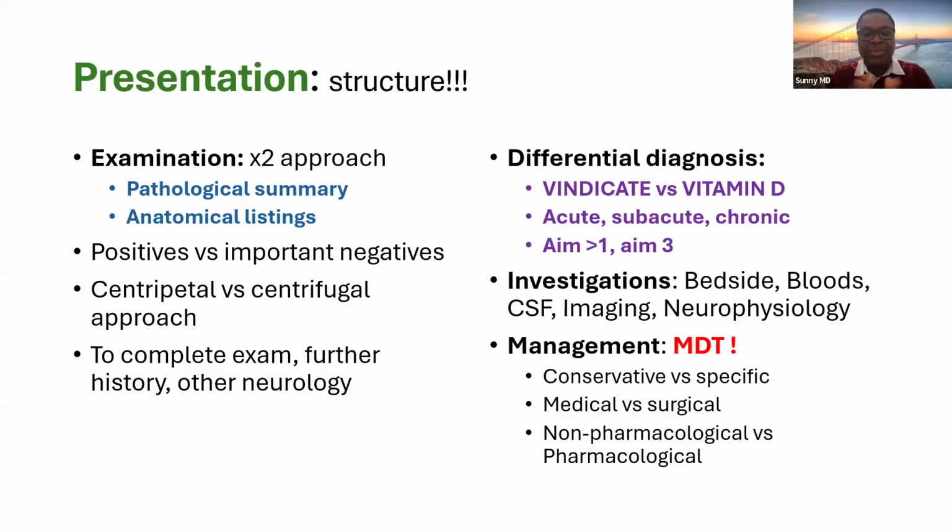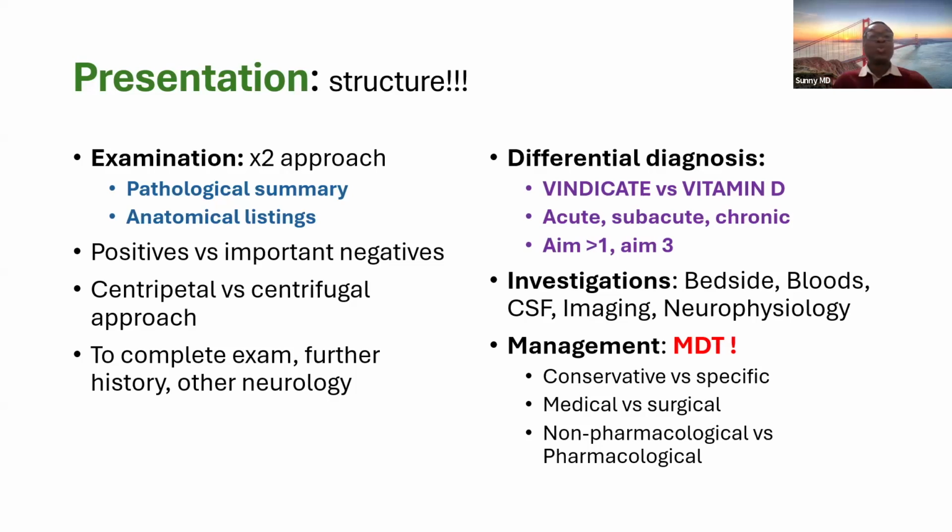Tone is reduced, power is 3/5, reflexes are diminished, plantar responses are flexor. Putting it all together, I think this patient has lower motor neuron weakness. Now you can see that approach is a bit longer, and time is of the essence in the exam, isn't it?